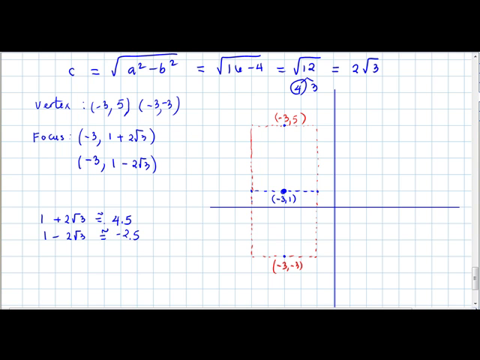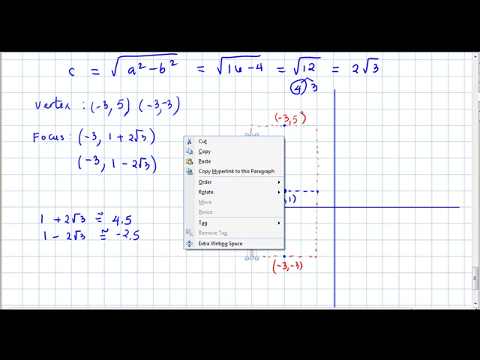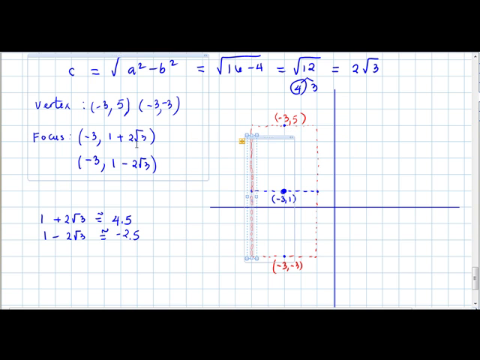So our focus should be, let's see, 1, 2, 3, 4, 5. So right here is 4.5. That is our focus. And the bottom here is minus 2.5. So here's 0, 1, 2, here's 3. And 2.5 is about here. So that is our focus.